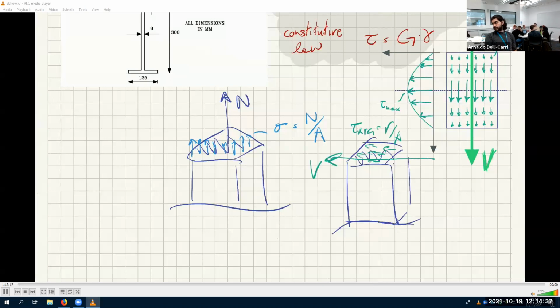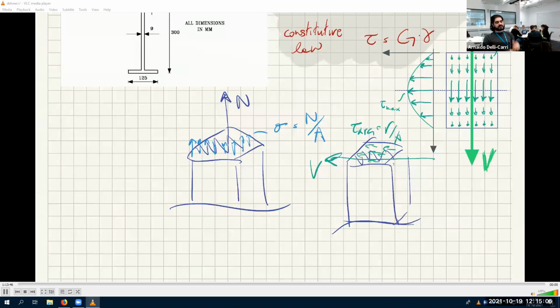This is what we did in lecture 6 last year. I know it's lecture 6 because it's week 6 and I'm doing this exactly the same for your colleagues of the first year. Now, this thing on average is true. On average, all these arrows have the same length, and that length is V divided by A. Force over area, that's a pressure, that's a stress. Shear stress, because it's parallel to the cut instead of being perpendicular to the cut.